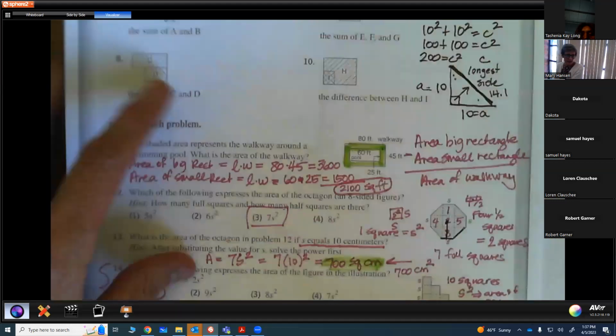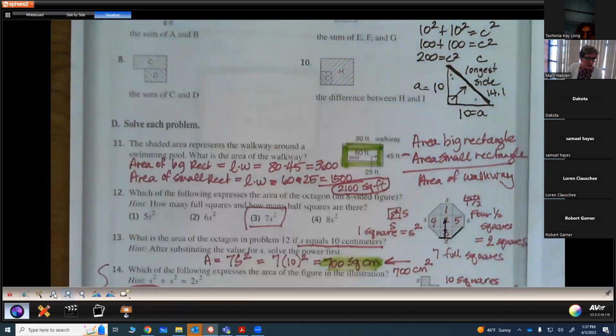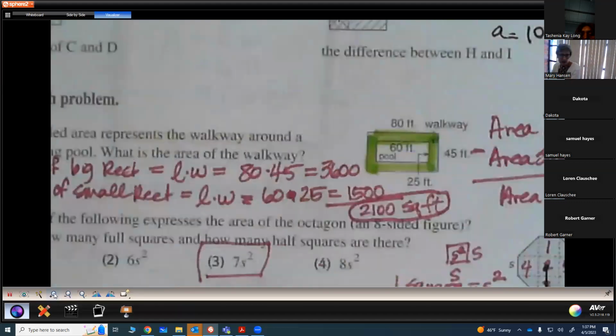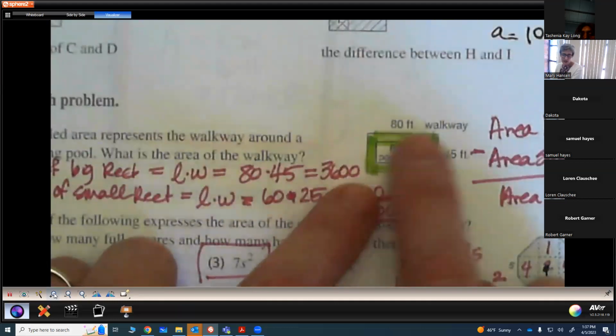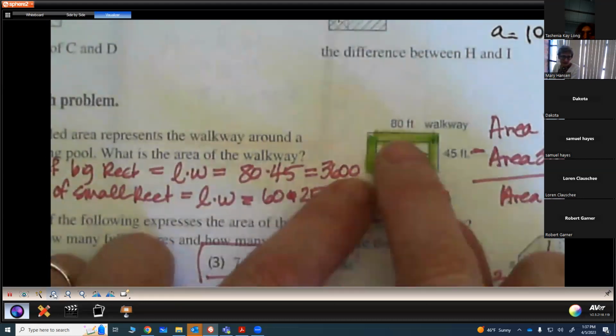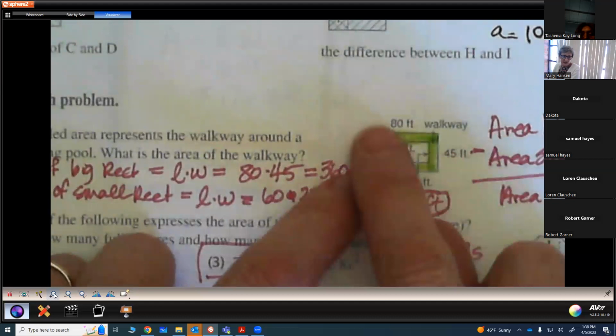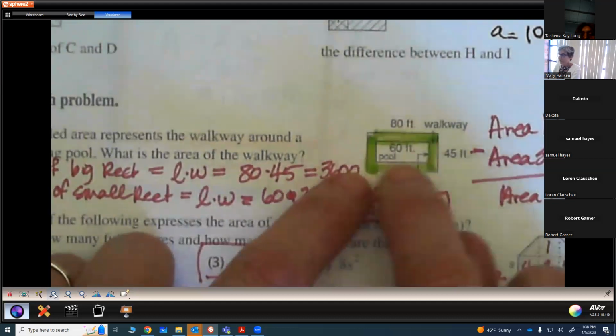And if you remember from last time, from Monday, we did this problem, let me zoom in a little. We did this problem with this pool, and we were trying to find the area of the walkway, just this green shaded part. You could break this up into tiny little rectangles, calculate the area of 4 different rectangles and add them together.